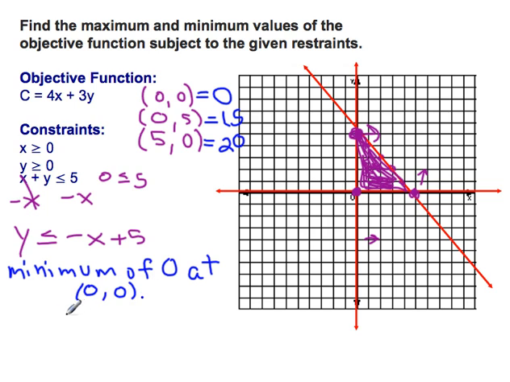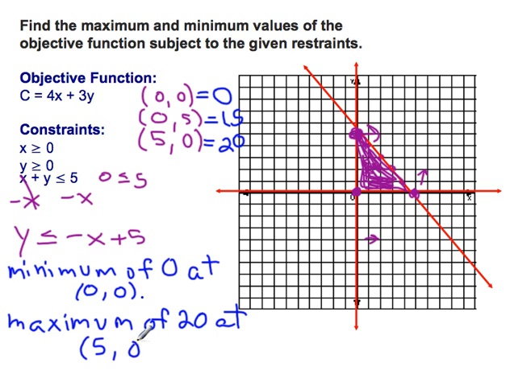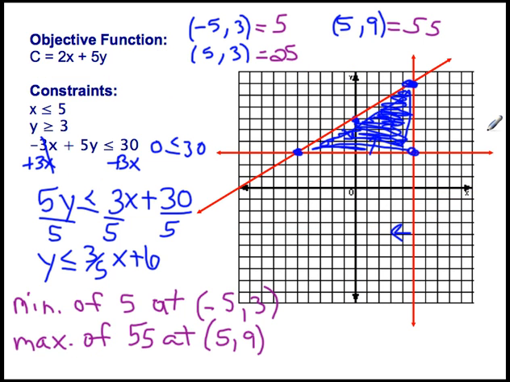So there's the first part. And there is a maximum of 20. Maximum of 20 at the point 5, 0. So that's how we would answer the question. This problem is in your notes. However, I'm not going to go over the whole problem with you. I just wanted you to see what the final answer would look like.